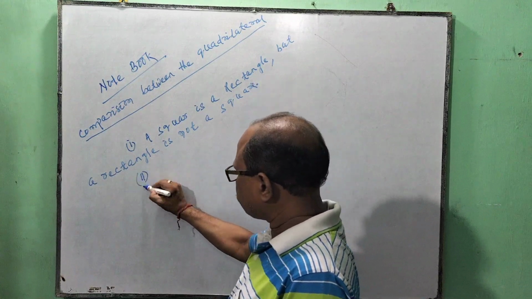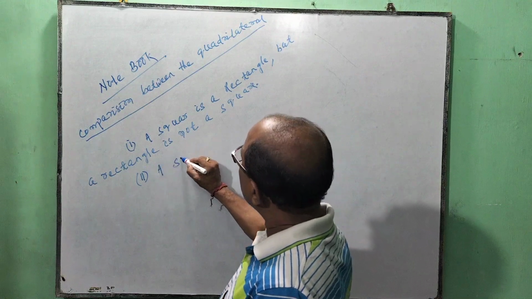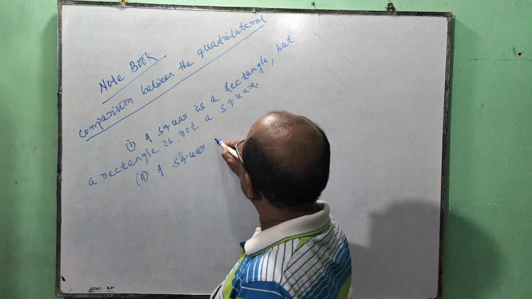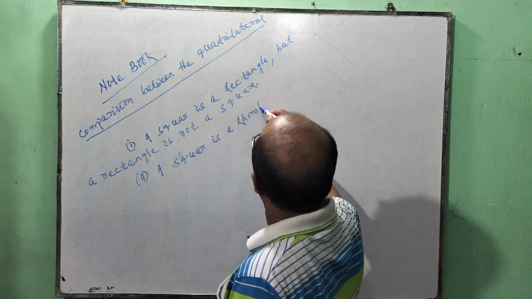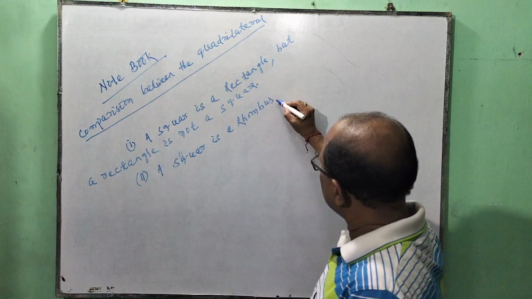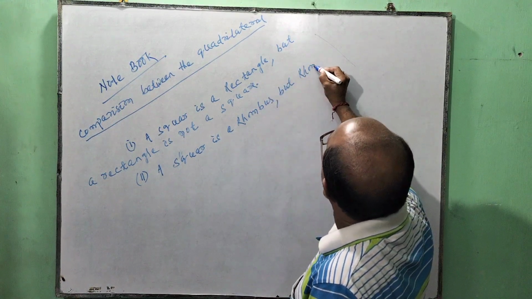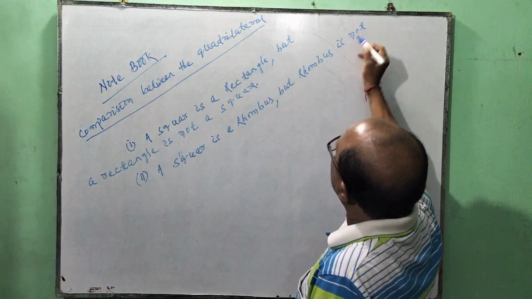Number two, a square is a rhombus, but a rhombus is not a square.